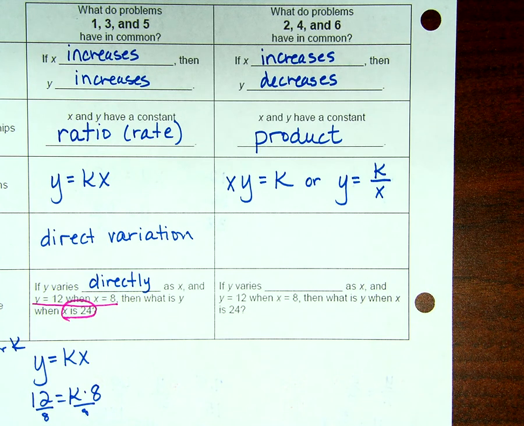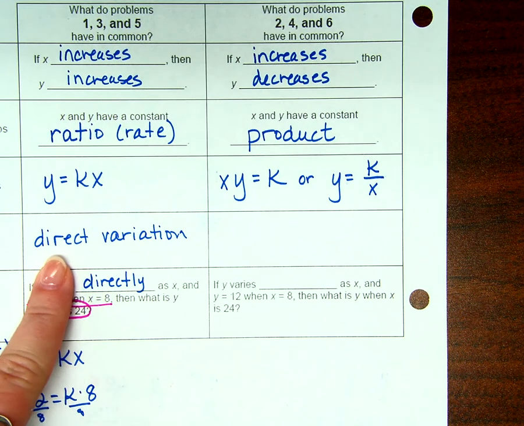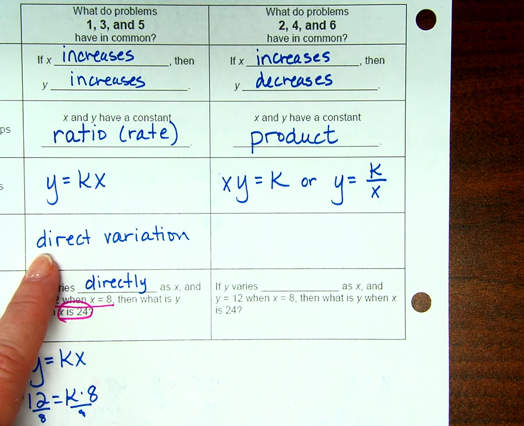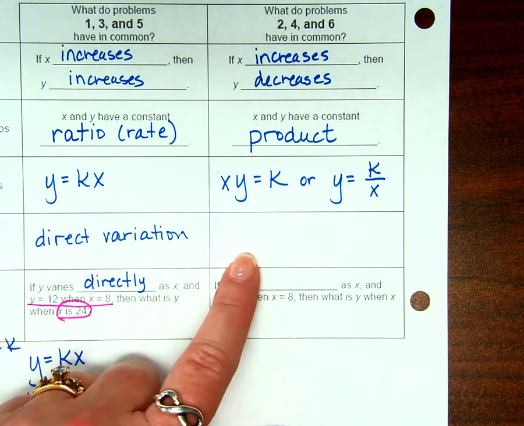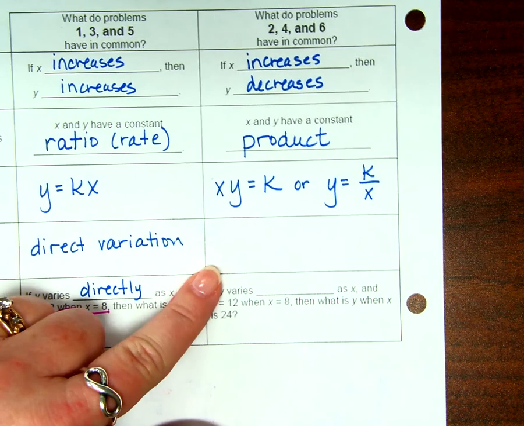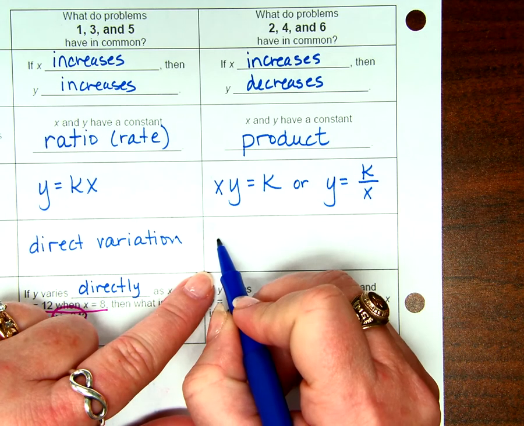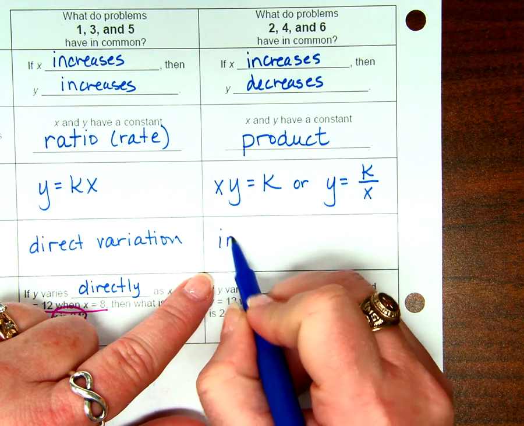Tell me what's the most common incorrect answer for the name. Well, no, because that's already this one. What's the most common incorrect answer? Indirect, right? Because if this is direct, this should be indirect. Except you know from the title of the worksheet that it's called inverse.